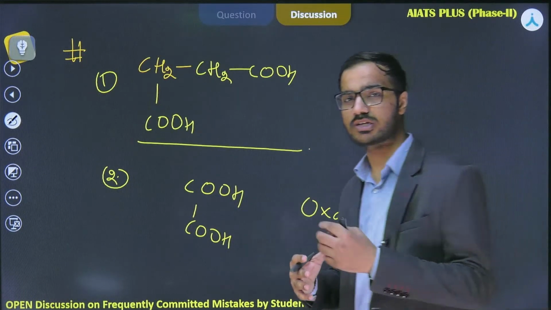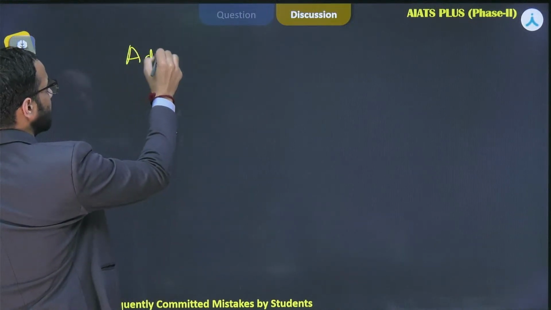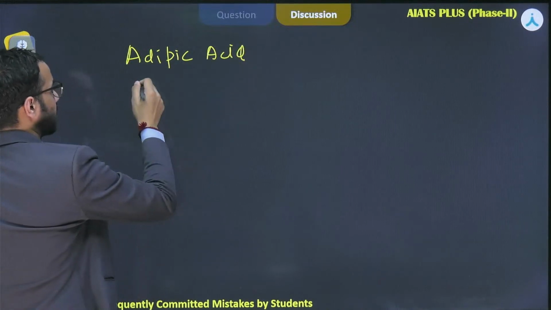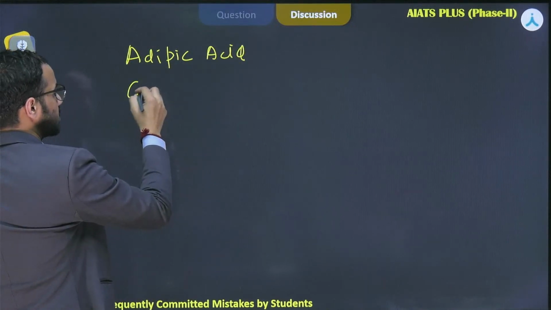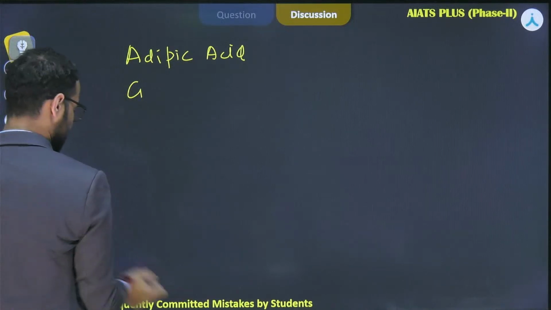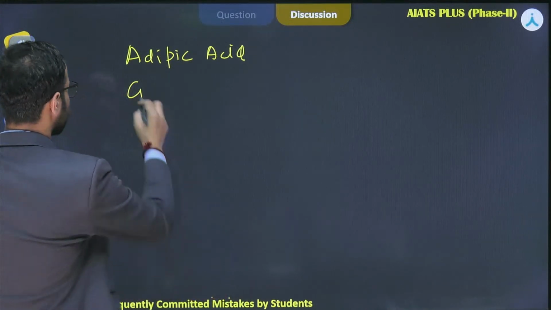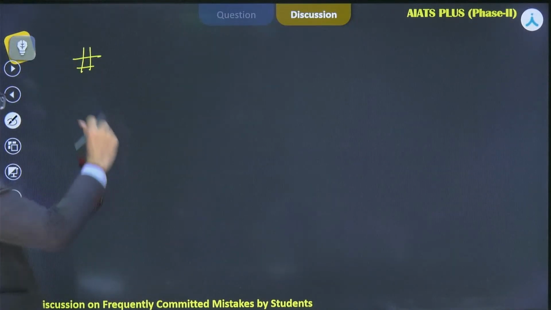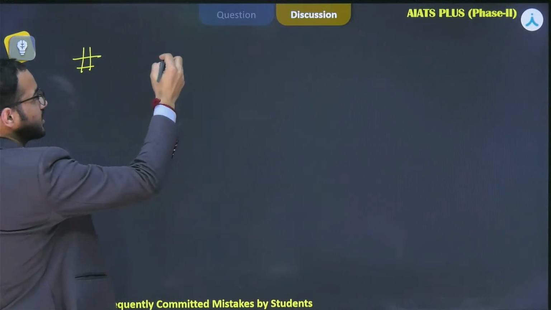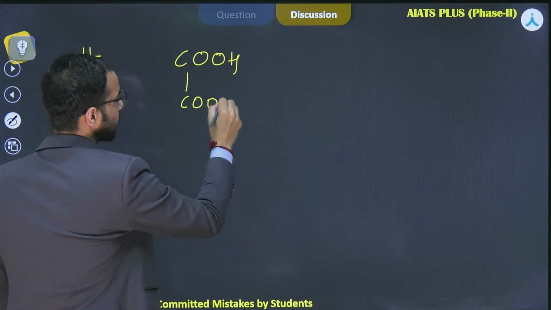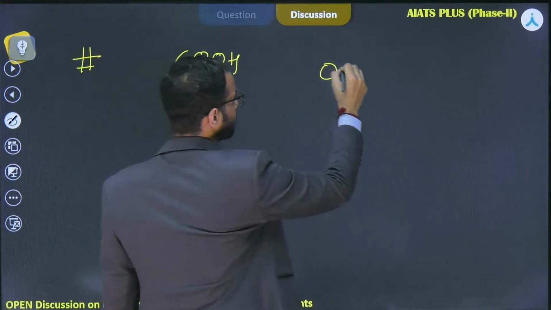You must have heard some names called adipic acid, palmitic acid, or gluconic acid, malonic acid. So let us discuss some reagents. Let us say you are having oxalic acid. This is oxalic acid.